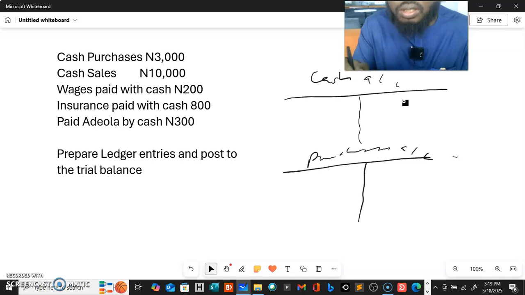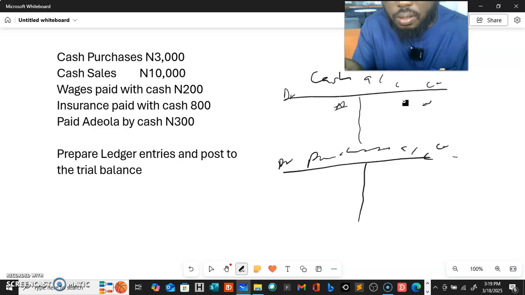We have the debit side and we have the credit side. Let's put the naira sign.